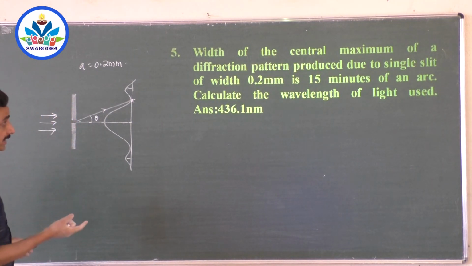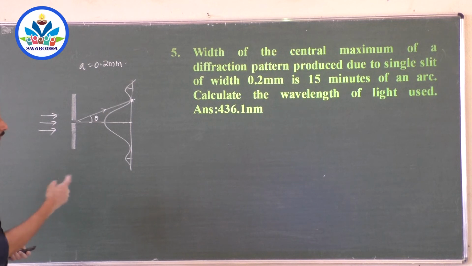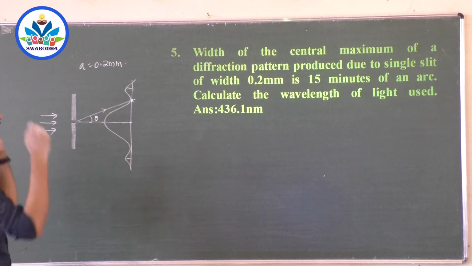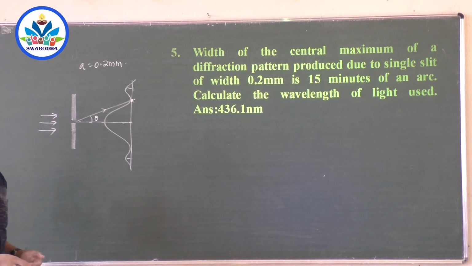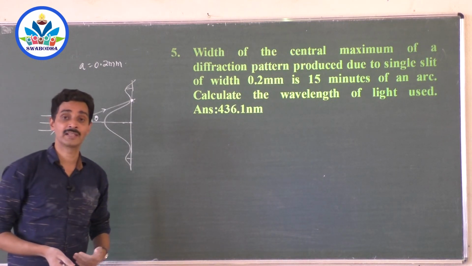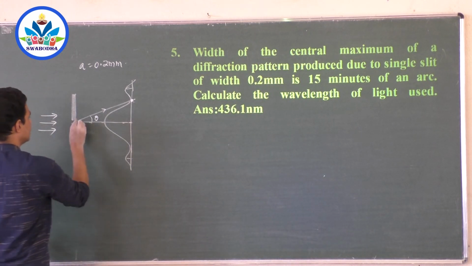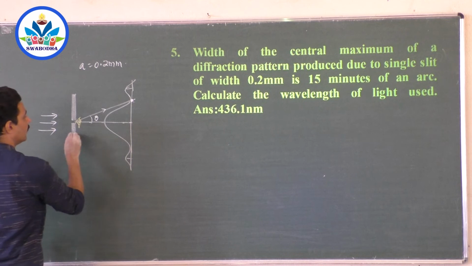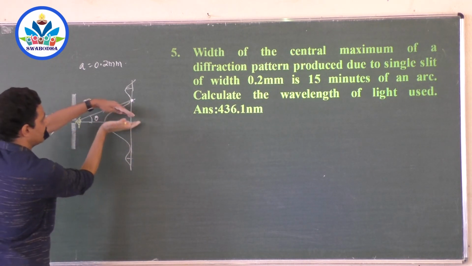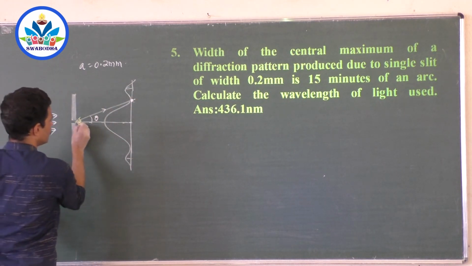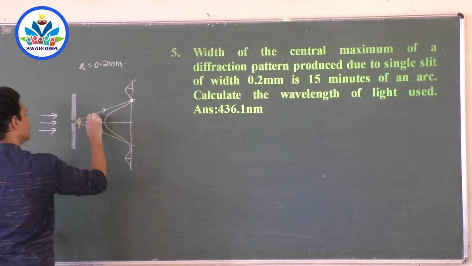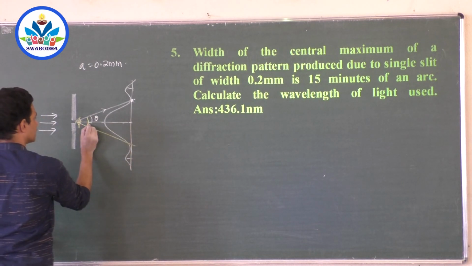The width of the central maximum of a diffraction pattern produced due to a single slit is 15 minutes of an arc. That means if you keep your eyes here and observe this central maximum, the brightest fringe, it produces an angle which is 15 minutes.